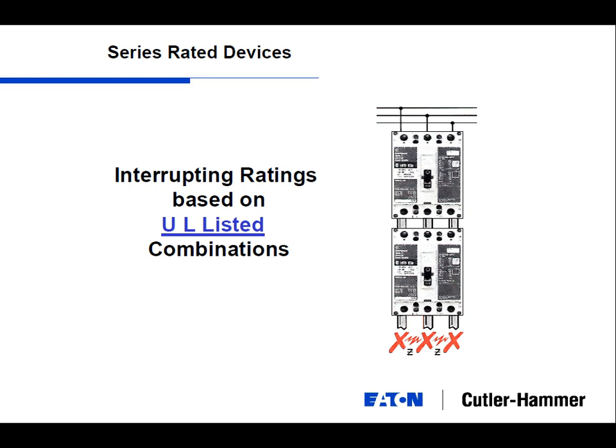NEC mandates selective coordination for a few installations. Anybody think of one? Hospital. Number one by far and foremost, hospitals, basically everything that feeds the emergency essential equipment, which is your critical branch.